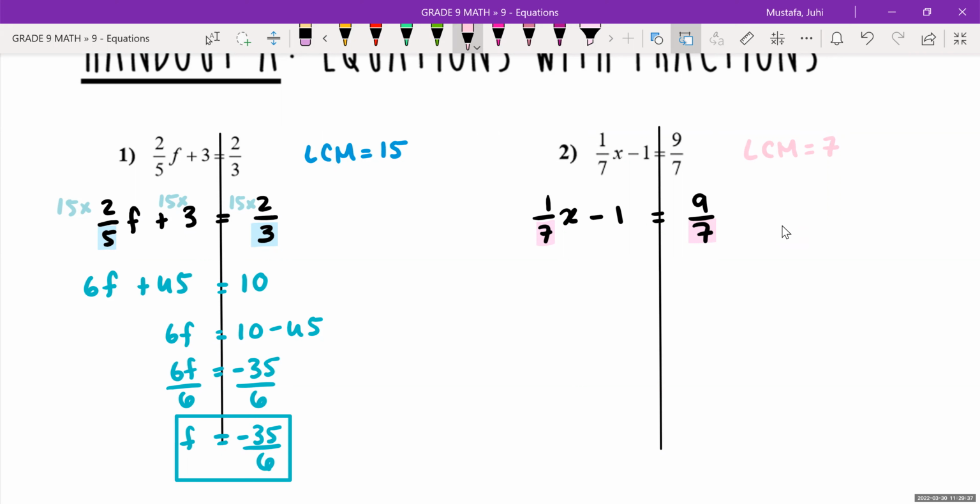If they're the same number, that's what it's going to be. We are going to go ahead and multiply every single term in this by 7. So 7 times 1 over 7x, 7 times negative 1, and 7 times 9 over 7. So you take that magic number, which is your lowest common multiple, and you multiply it to every single term in your equation.